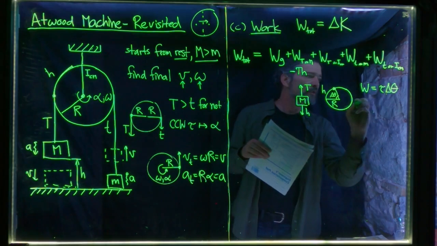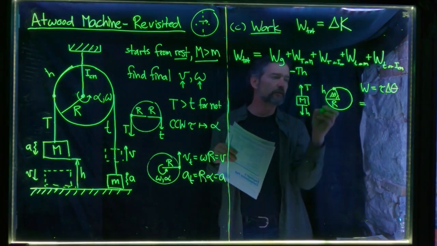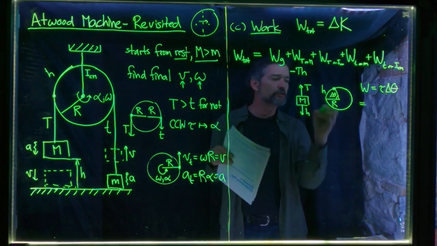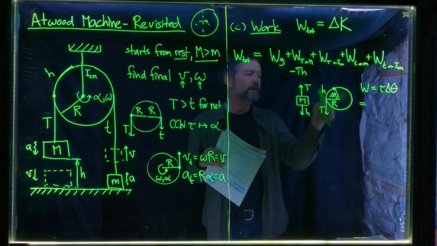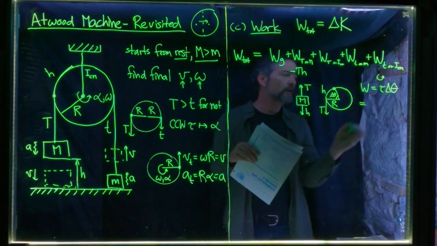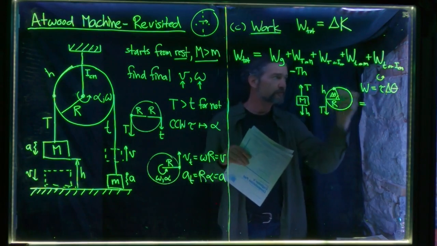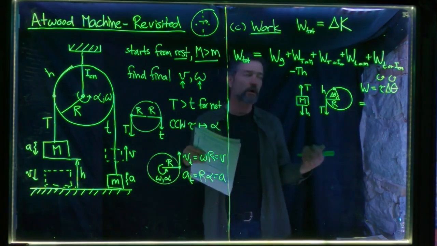So what is the torque? Well, the torque that's produced by a tension force capital T is going to be a counterclockwise torque, and it's also a counterclockwise angular displacement. They're both counterclockwise, so they're both in the same direction, so the work will be positive.